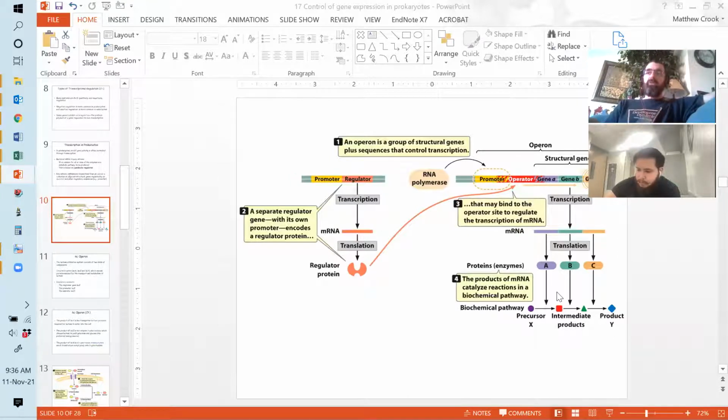Now, when the inducer is present, that then results in that regulator protein leaving the operator, and so the operon is expressed. So the operon is induced to be expressed, right? It's inducted. Not sure that's the right word. Always think of the Hall of Fame for various things when I hear the word inducted.